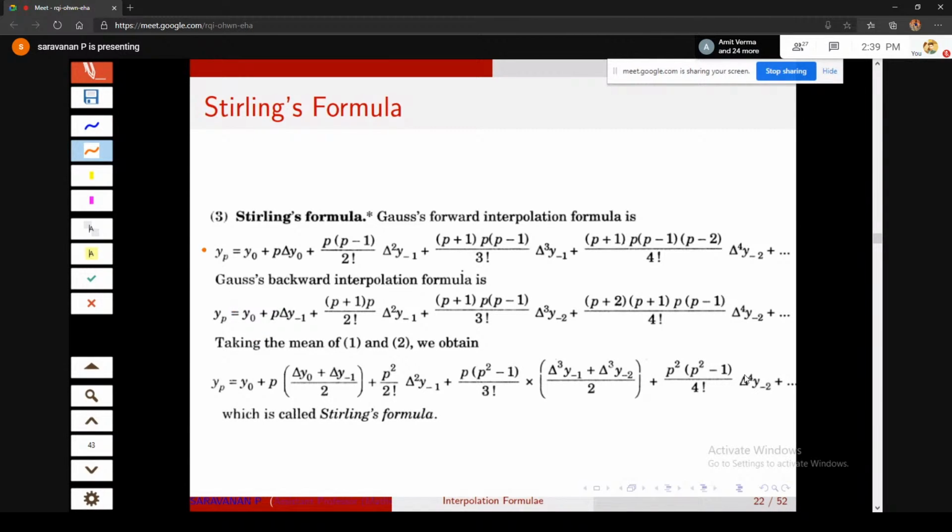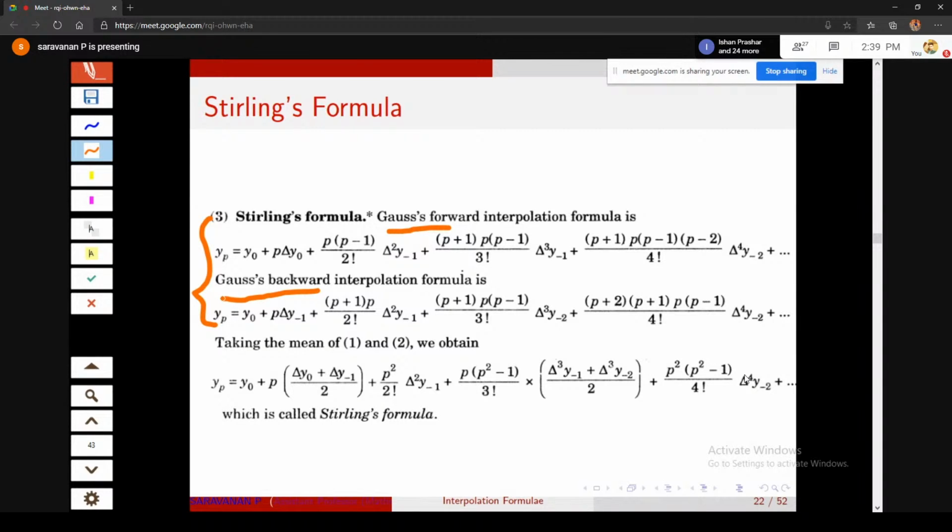Here I have given a rough idea of how the formula has been derived. There are two formulas called Gauss forward and Gauss backward. Earlier we saw Newton's forward and Newton's backward, but these are Gauss forward and Gauss backward. To derive them, we consider Newton's formula only, but rewrite the terms to get delta square, delta cube, etc. That is Gauss forward and Gauss backward.